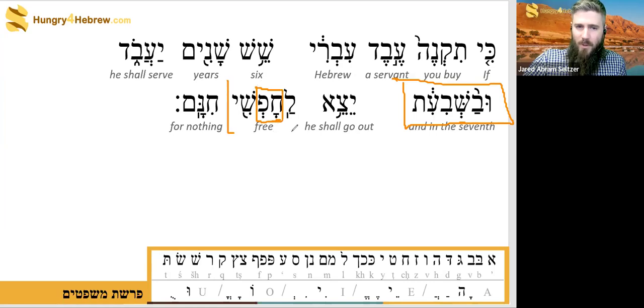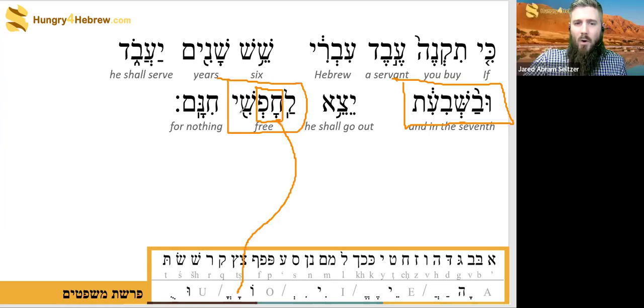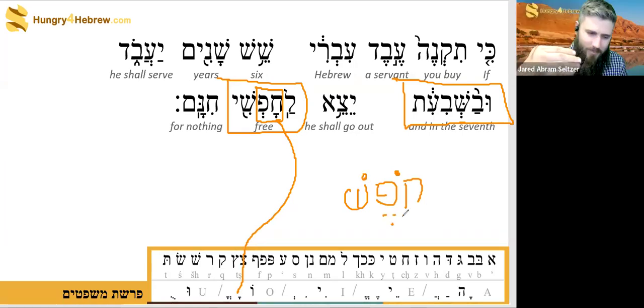How do you suppose that should be read? Lachofshi. Good. La-chofshi, from the root chofesh. Chofesh is the noun which the adjective chofshi comes from.